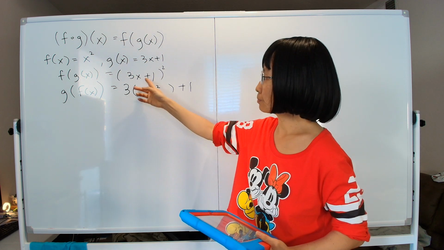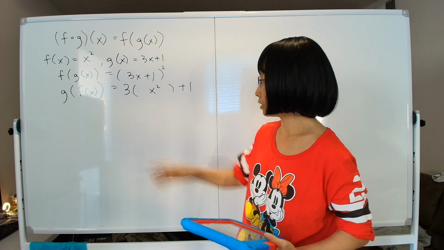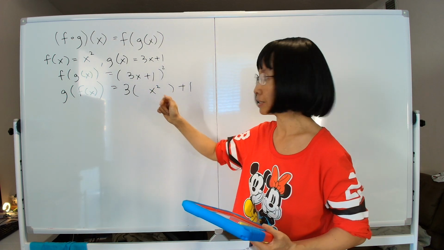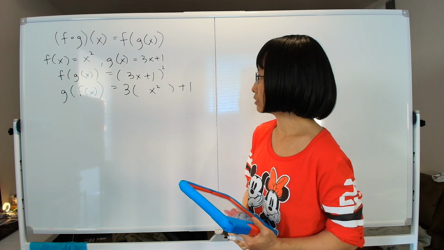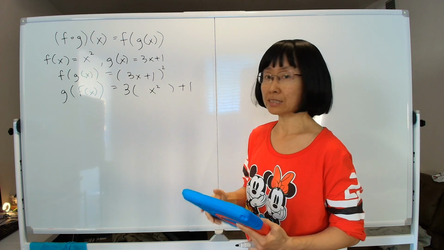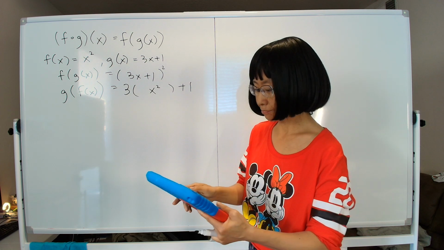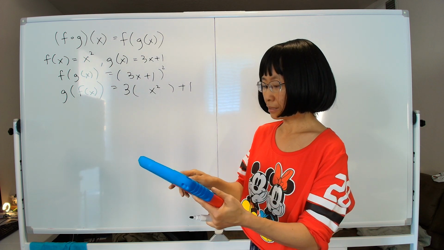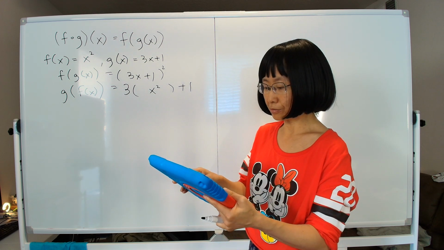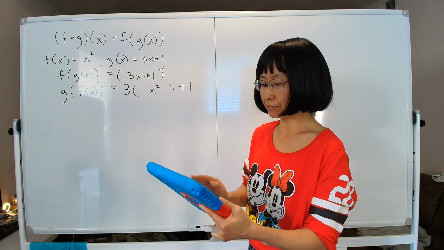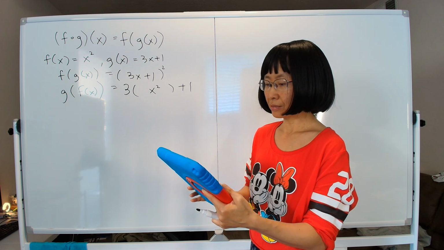In this particular case, being that these are just polynomials, just x to the second power, no square root, no fraction, no nothing, the domain and range are both all real numbers. And if you have some kind of square root, then there'll be more limitations to it. But we'll skip that and do something else. That should be good enough.